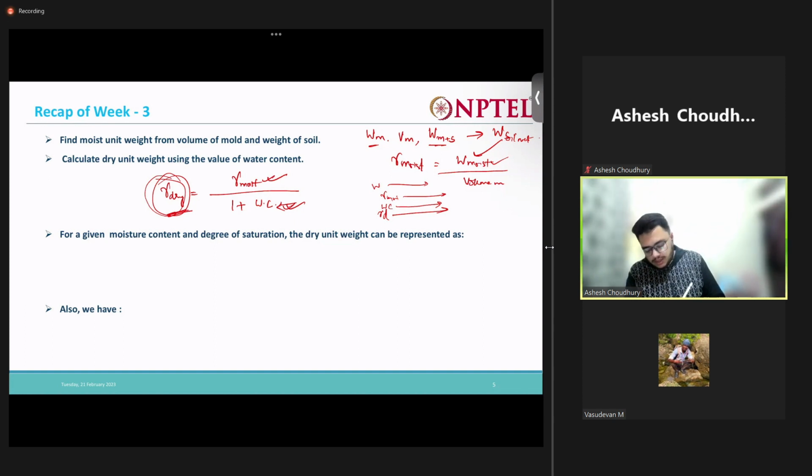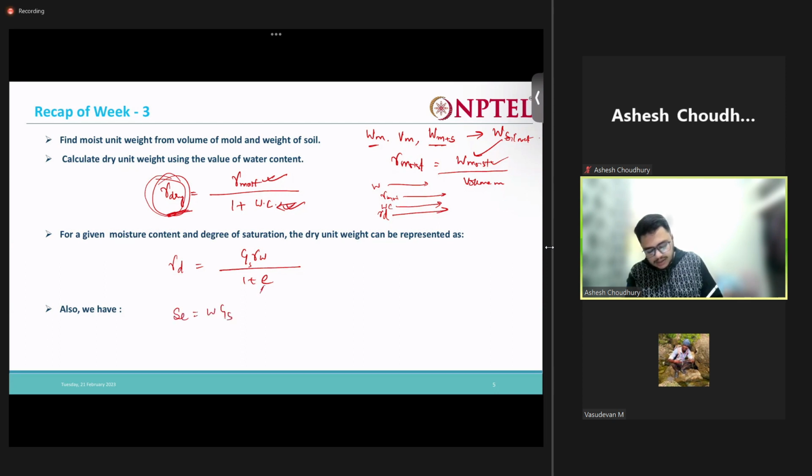So here, for a given moisture content and degree of saturation, the dry unit weight can be represented as gamma dry is equal to G into gamma W by 1 plus e. This we already know. We also know another thing, that S e is equal to w into Gs.